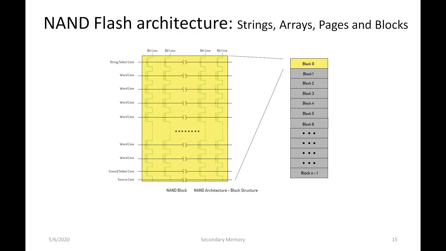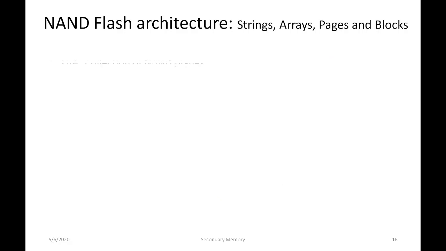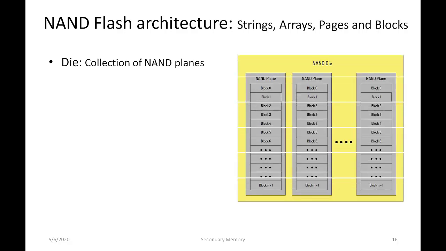Continuing further, such NAND blocks together form a plane, and a NAND die is a collection of such NAND planes. Each NAND plane will have, for example, n number of blocks, block 0 to block n minus 1, and each block has a collection of pages and strings.